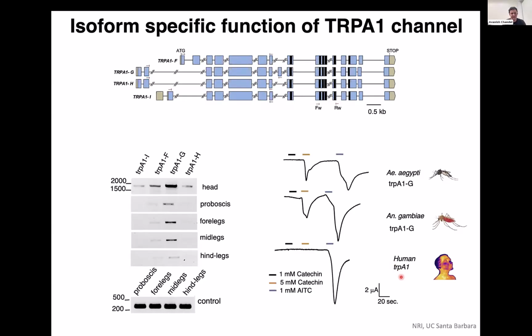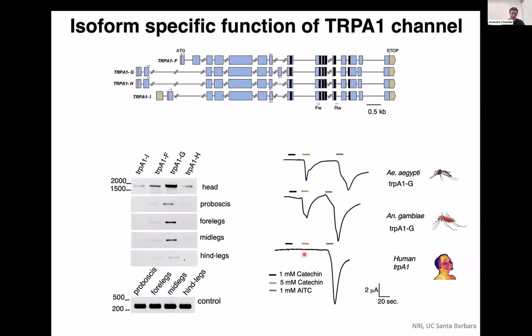So we tested human TRPA1 in similar Xenopus oocyte recordings, and we found that AITC, the positive control, activates human TRPA1, but there is no activation of human TRPA1 by 1 and 5 millimolar catechin. So based on these observations, we concluded that the response of TRPA1 to catechin is conserved in insects.